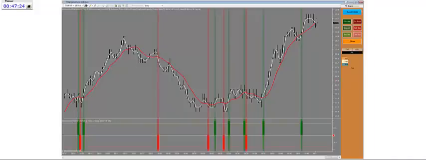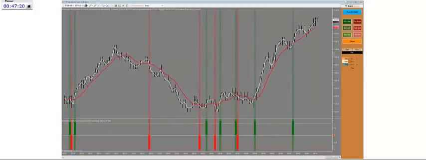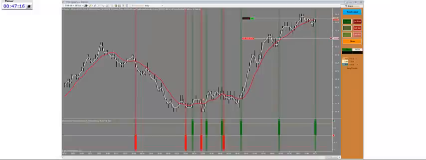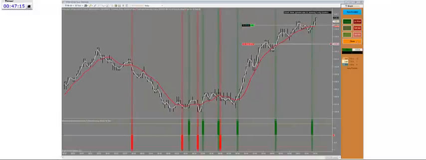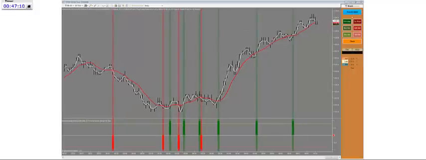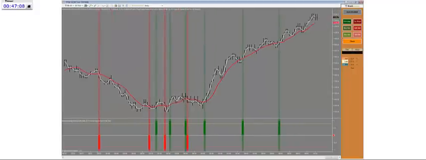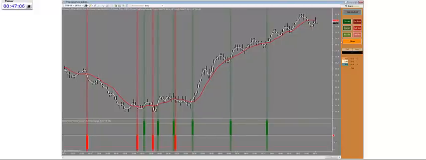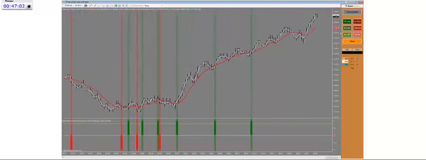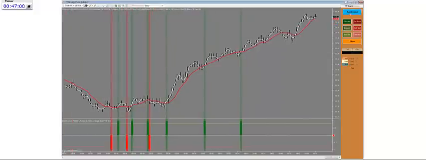Okay, so let's say I'm going to just start running this market replay. Let's say we're getting into a news event and we want to turn it off because we're about to get a very fast knee-jerk reaction. So we can just turn it off like that. Then when we get through the news event, or into better conditions, we're out of a trading range or whatnot, then we can turn it back on.